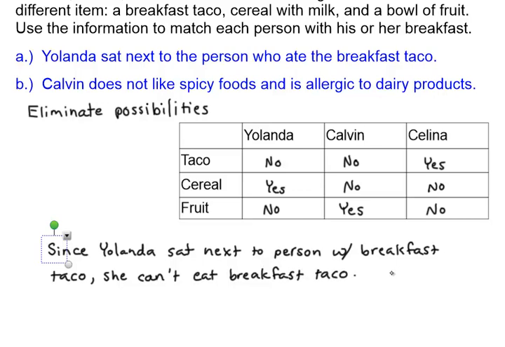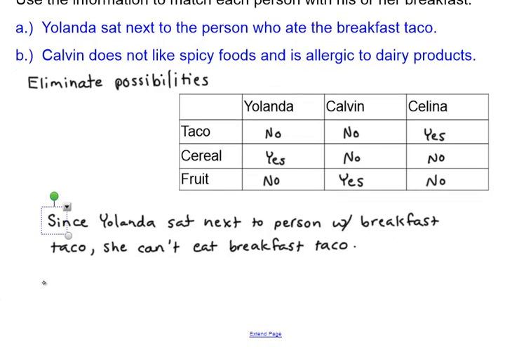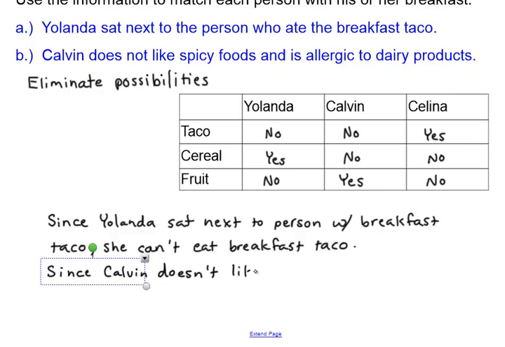Okay, and then we go on with our next sentence. Since Calvin doesn't like spicy food, he doesn't have the taco.